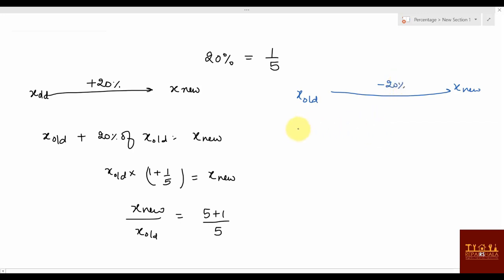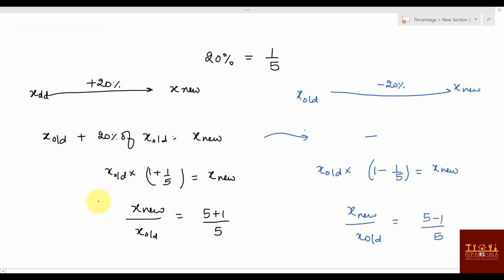This thing will be the same, only the change will be minus. So I'm writing X old into 1 minus 1 by 5 equal to X new. X new by X old will be 5 minus 1 divided by 5. These two things you should remember.